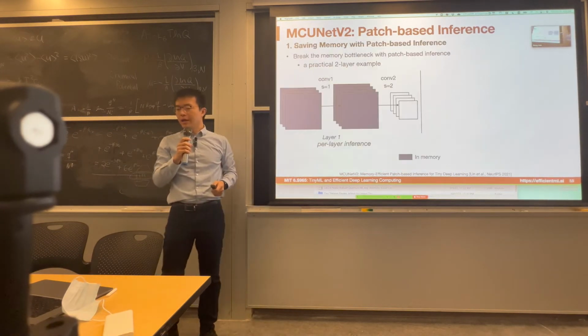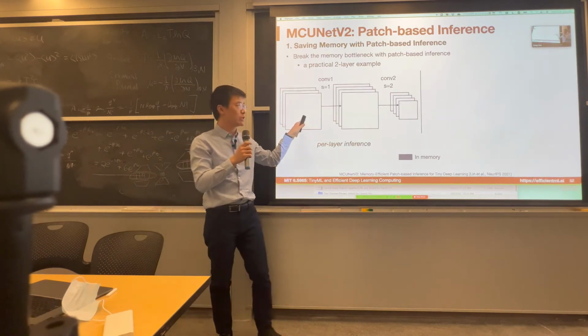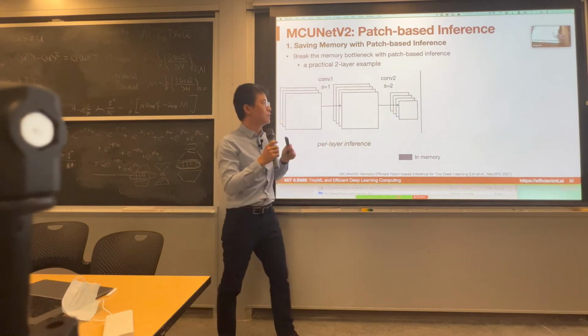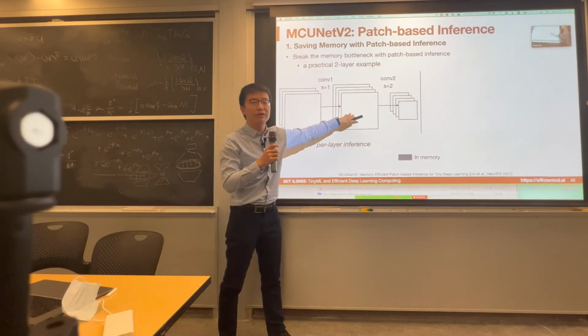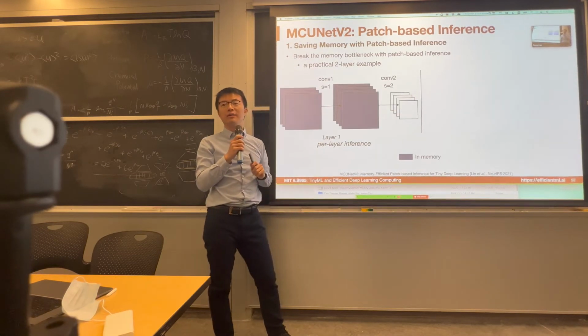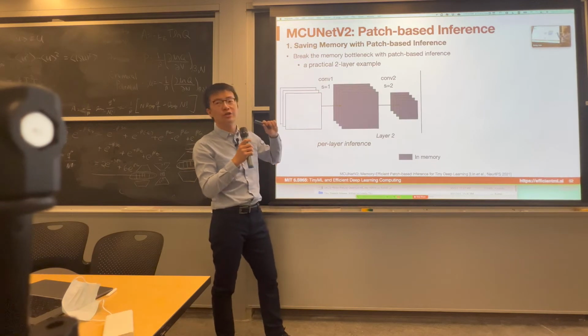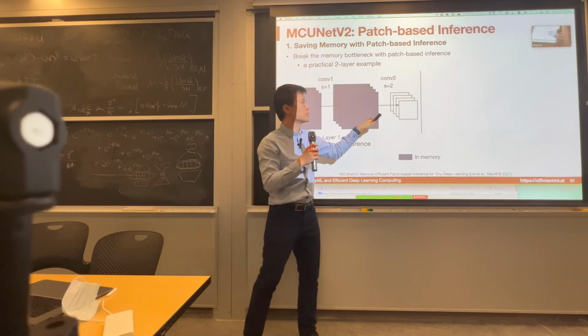Conventionally, when we are doing inference, we do this layer by layer inference, right? So we do layer 1, layer 2. When we are doing inference, we have to keep both the input activation and output activation in memory when we are processing that layer. So the largest memory footprint is equal to the max of this sum versus this sum.